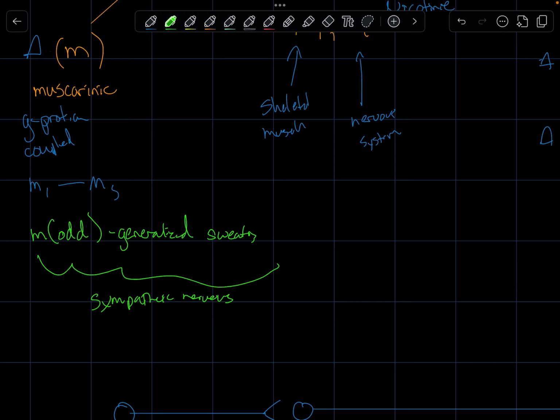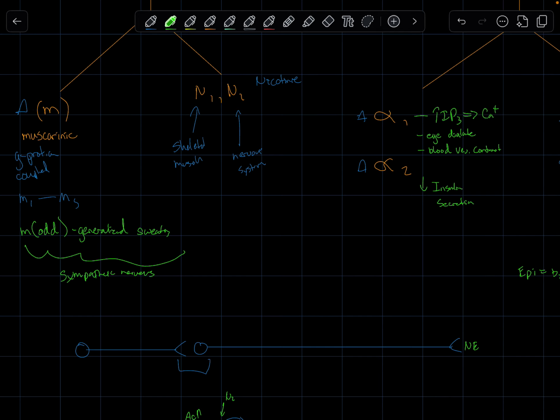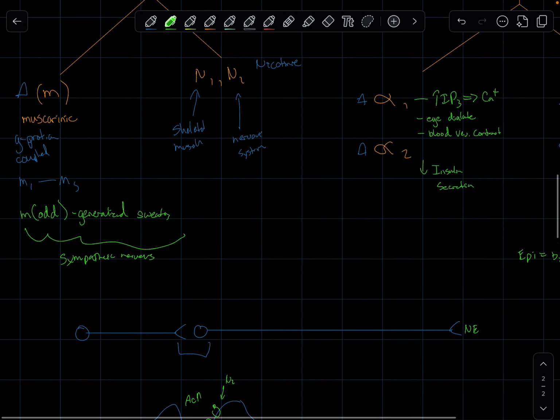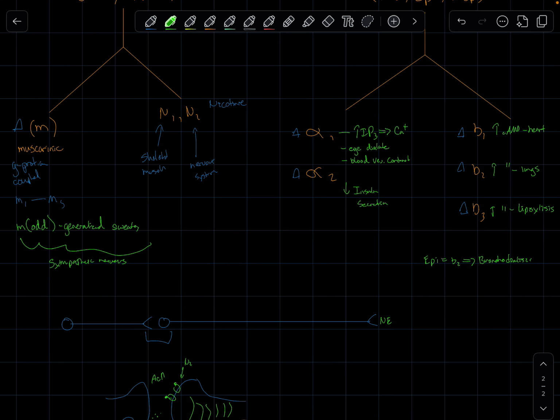Now, muscarinic receptors are receptors for the parasympathetic nervous system, and it does the opposite of the sympathetic nervous system. Okay. Yeah, so that's kind of the main things that we need to know here.